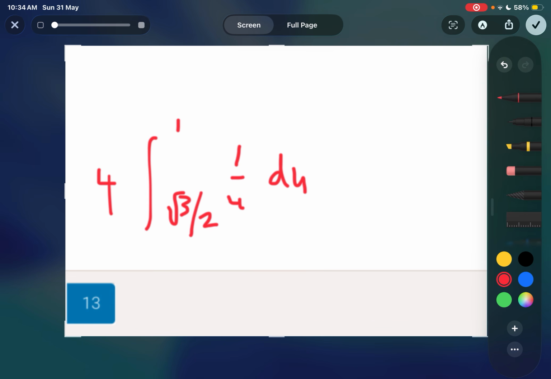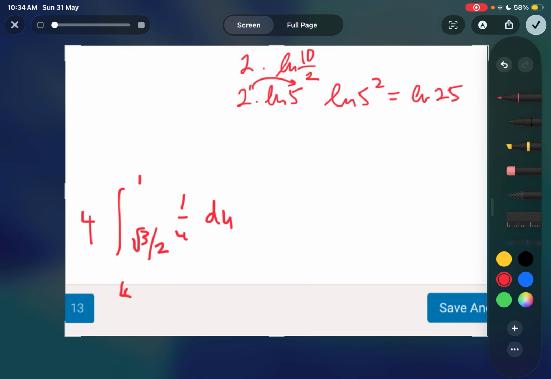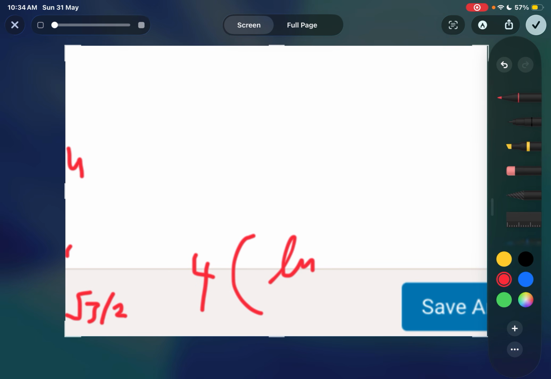And now you solve normally. It will be now 4 times ln of u from radical 3 over 2 to 1, which now will become 4 times ln of 1 over radical 3 over 2.